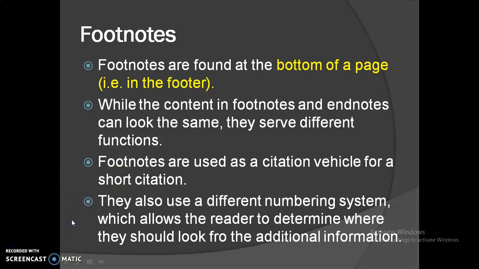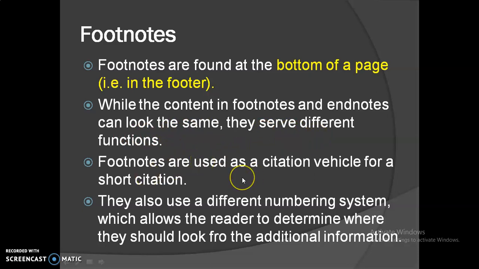The most obvious difference between footnotes and endnotes is the placement of each within a paper. Footnotes are found at the bottom of a page, that is in the footer, while the content in footnotes and endnotes can look the same. They serve different functions.